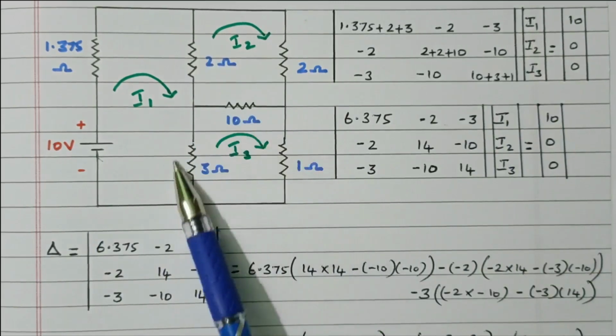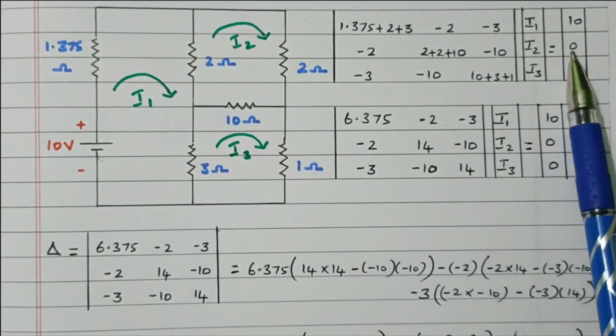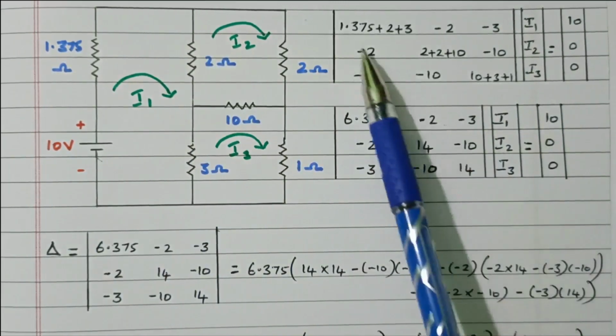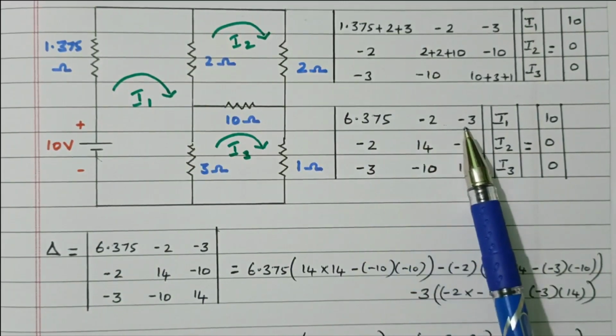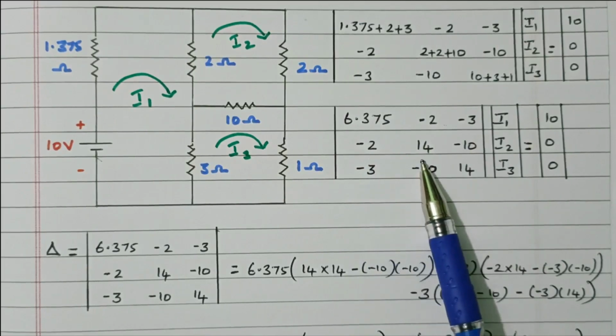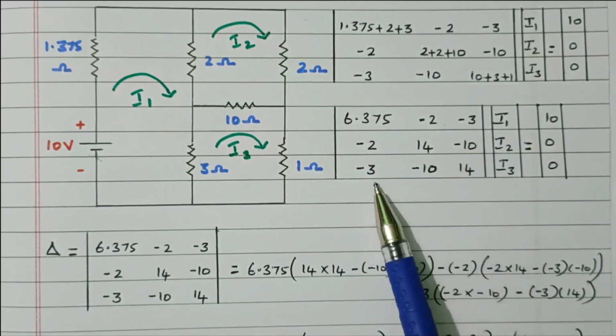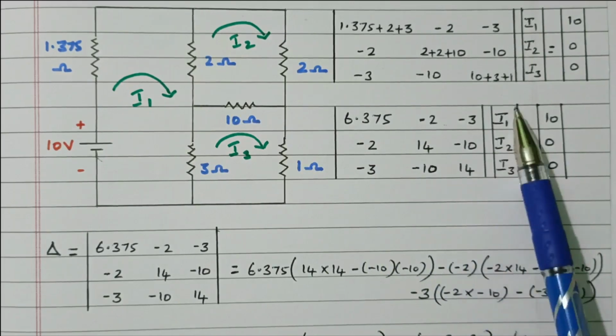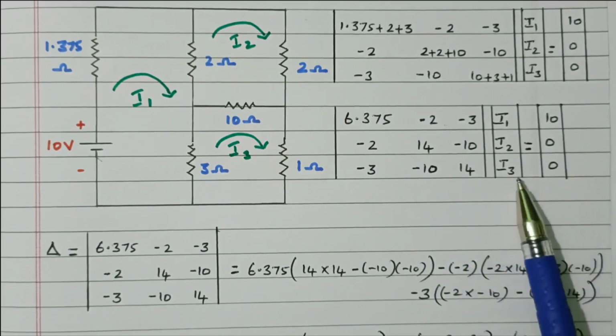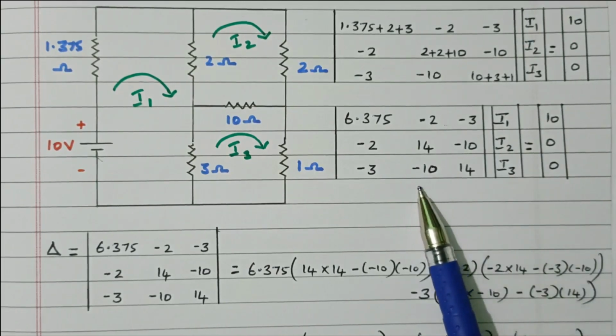In loop 2 and loop 3, there is no voltage source, so it is 0. So after adding, we got 6.375, minus 2, minus 3, minus 2, 14, minus 10, minus 3, minus 10 and 14. Right? So I1, I2, I3, then 10, 0, 0. So this is the voltage matrix, current matrix and resistance matrix.